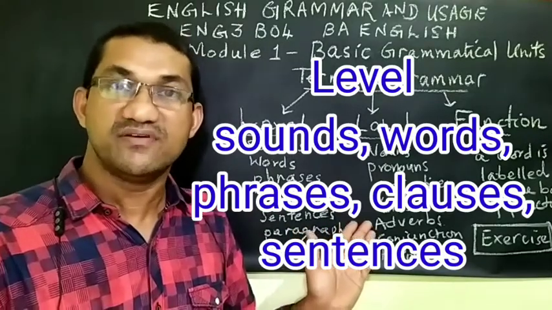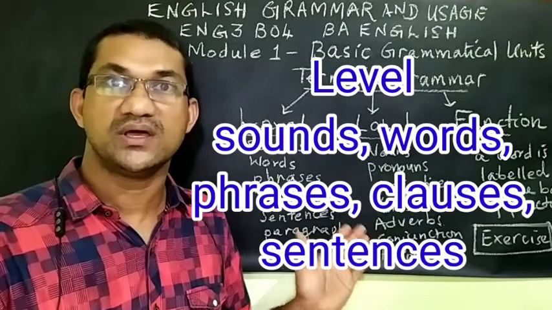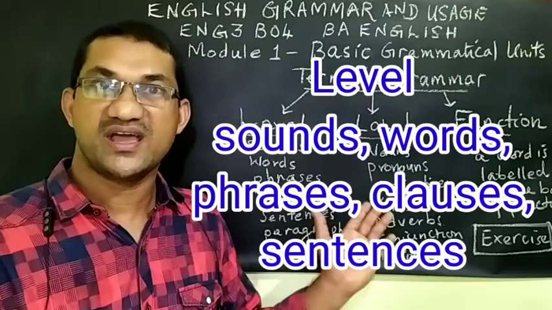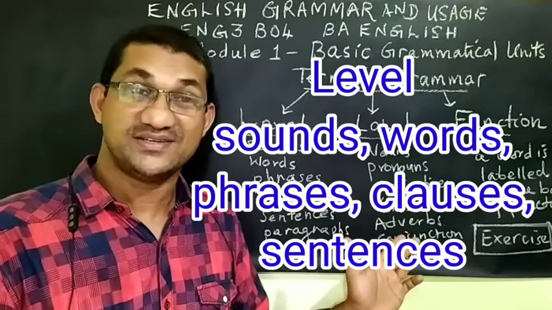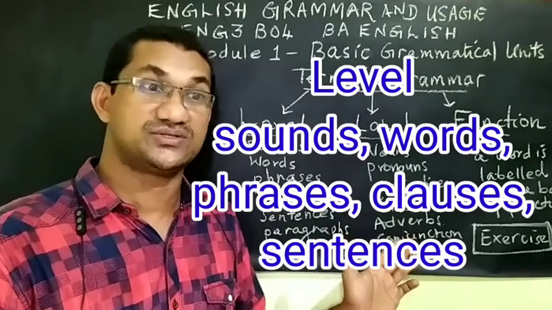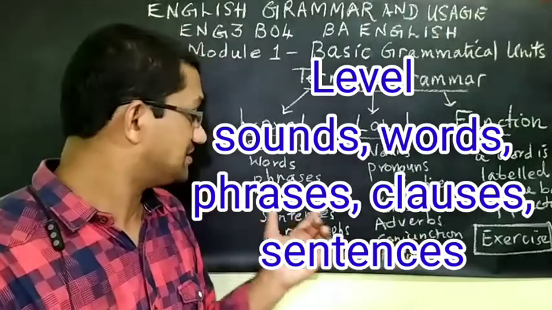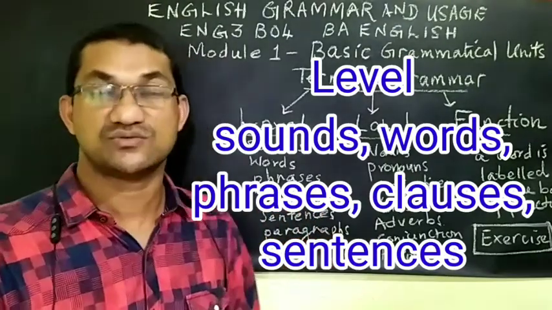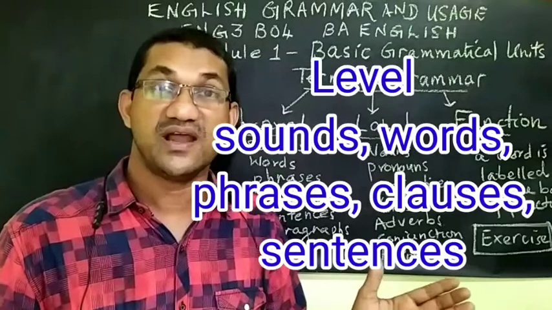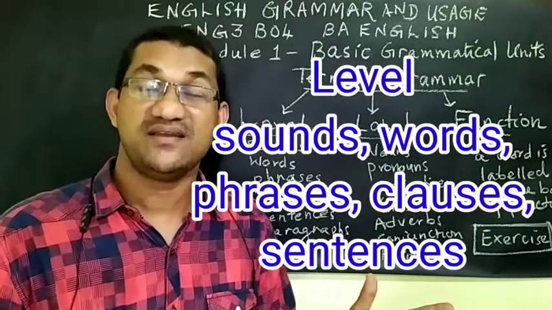Today we are familiarizing ourselves with different terms in the English language, the basic grammatical units or terms in grammar. So we have phrases, clauses and sentences. Every language is made up of sentences.